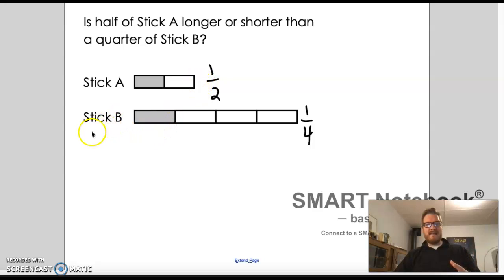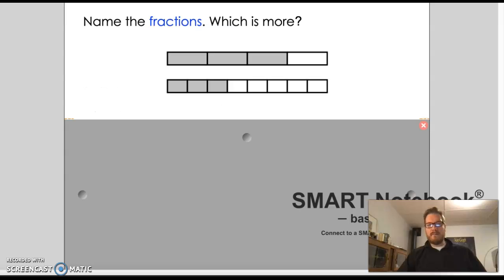And so in this case, 1/4 of stick B is actually bigger than 1/2 of stick A. If you have a meter stick versus a 30 centimeter ruler, 1/2 of that 30 centimeter ruler, which is only 15 centimeters, is less than 1/4 of that meter stick. Okay? So it's going to depend on the whole.